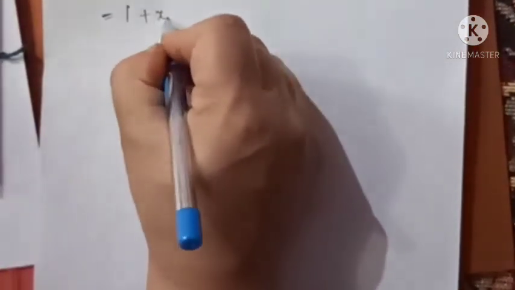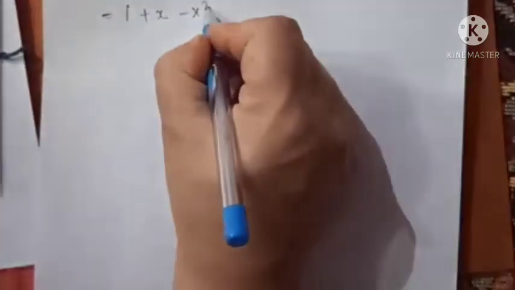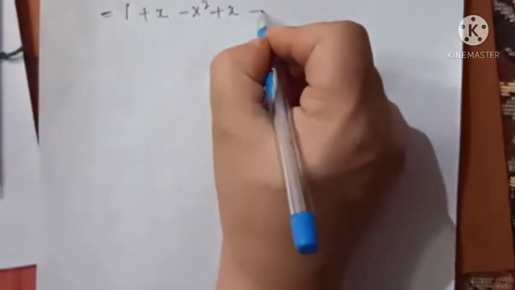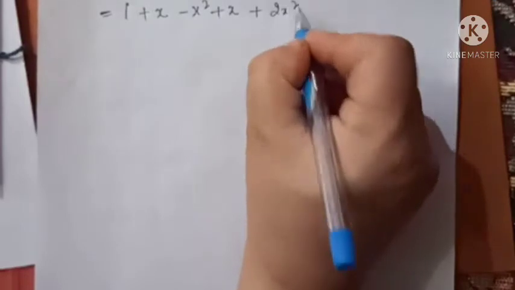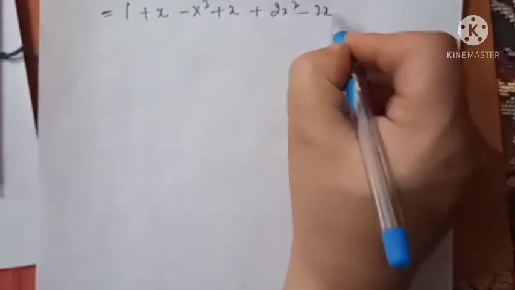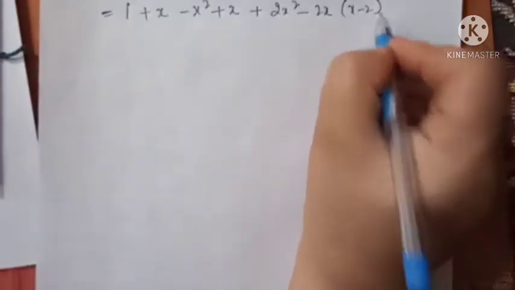So finally this will be 1 plus x minus x square plus x plus 2x cube minus 6x square plus 4x. Simplification has to be done.